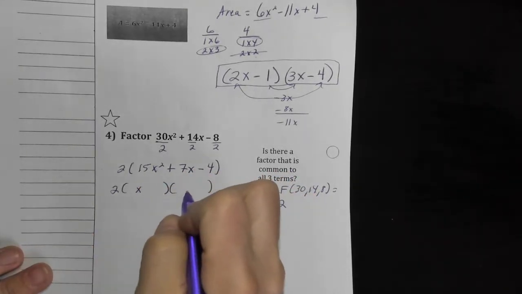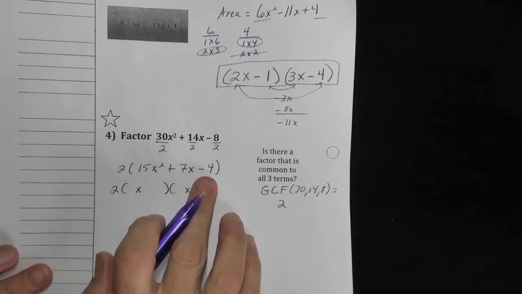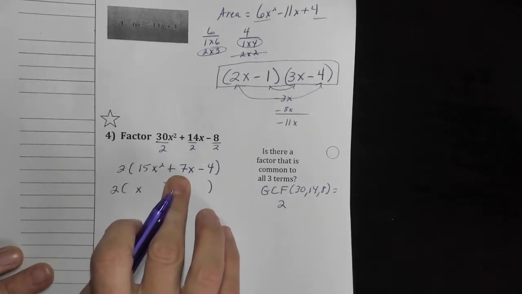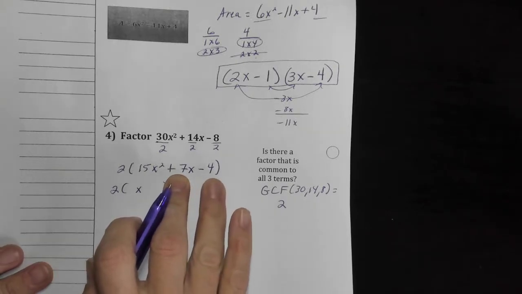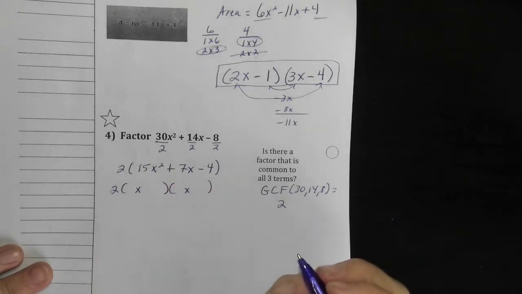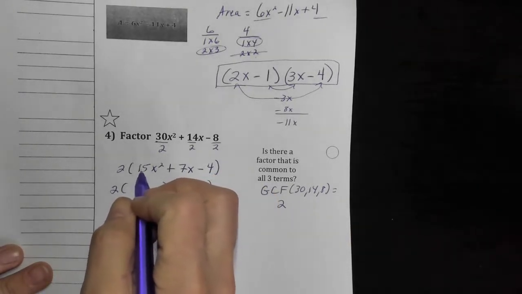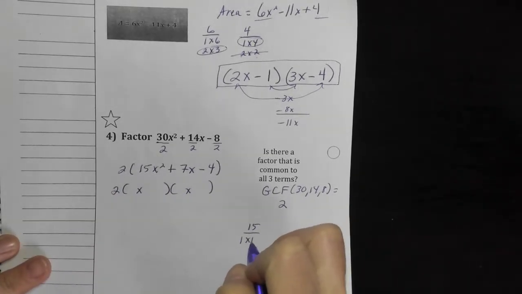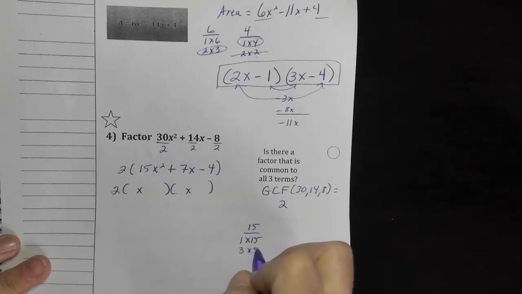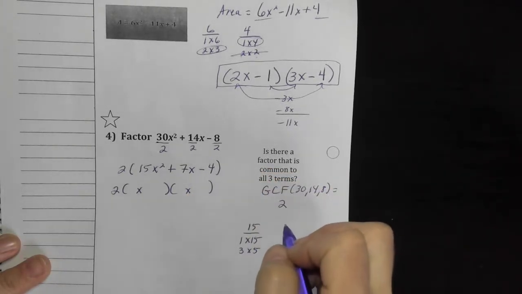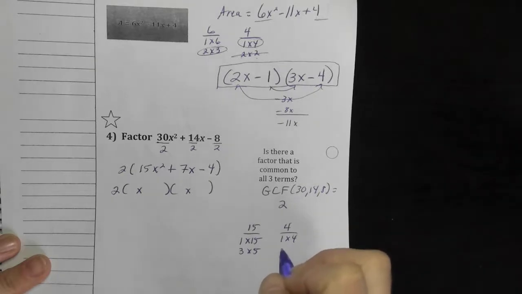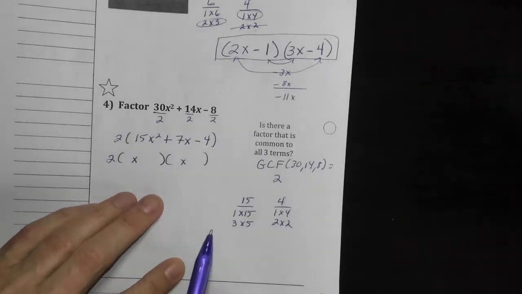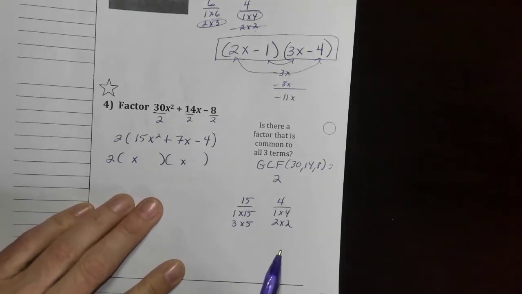I have an x and an x here. I want to get a product that's a negative 4 and a sum that is a positive 7. So it looks to me like I need 1 negative and 1 positive. Factors of 15 are 1 times 15 and 3 times 5. Factors of 4 are 1 times 4 and 2 times 2. Again, I'm going to have one positive and one negative, so I'm going to have to play around with this a little bit.